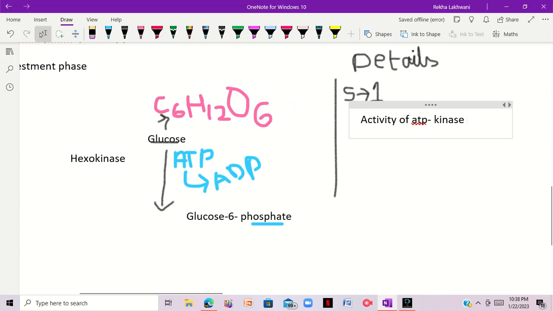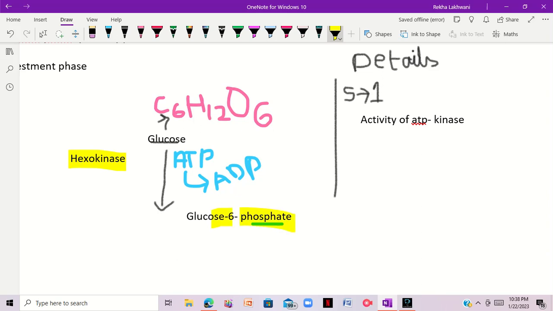As you can see, we have utilized one ATP to form glucose 6 phosphate. Kinase is there because ATP is involved, and hexo because the phosphate is attached on the sixth carbon of this glucose. So hexo means six.